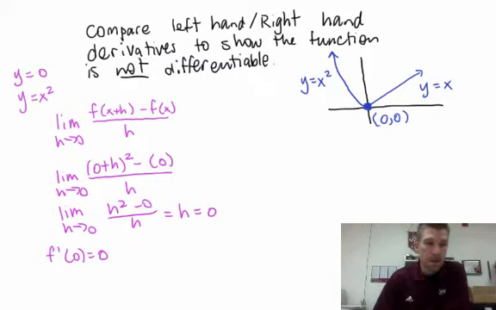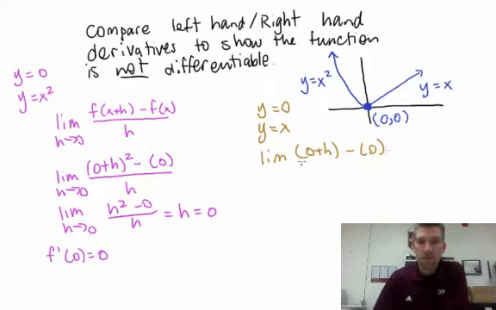Okay? What about that other guy? Well, let's look at him. So if we look at the limit for y equals x, and also when we put x in, you get 0. So we're going to look at the limit of 0 plus h minus 0 all over h, as h approaches 0.